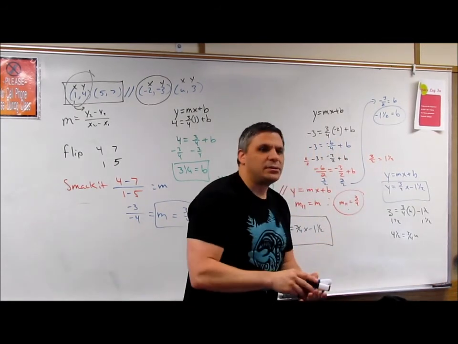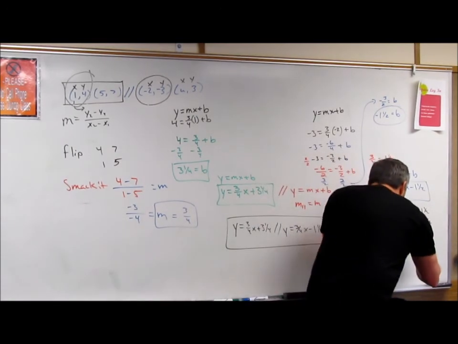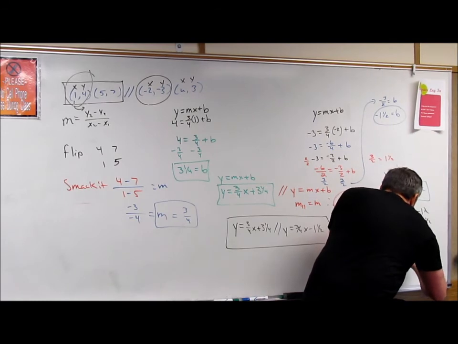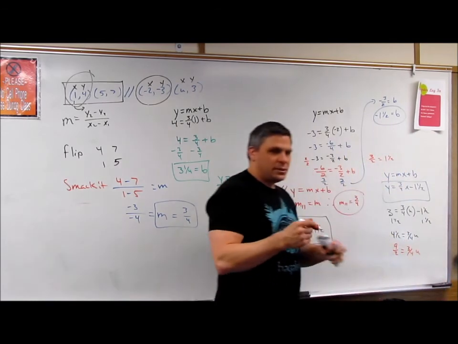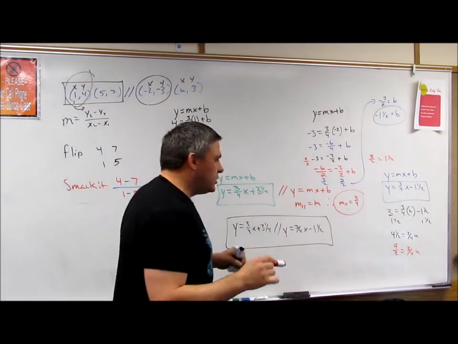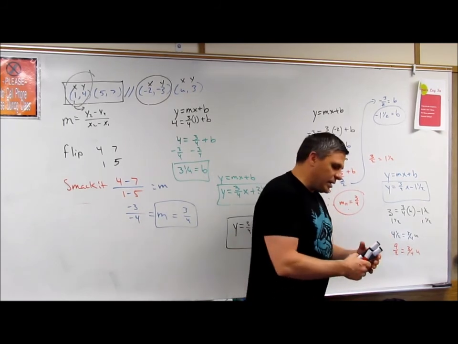Then what do I do? Well, let's change it: 2 times 4 is 8, plus 1 is 9. So 9 over 2 equals 3 over 4u, right? So all we're doing is changing a mixed fraction to an improper fraction, right?